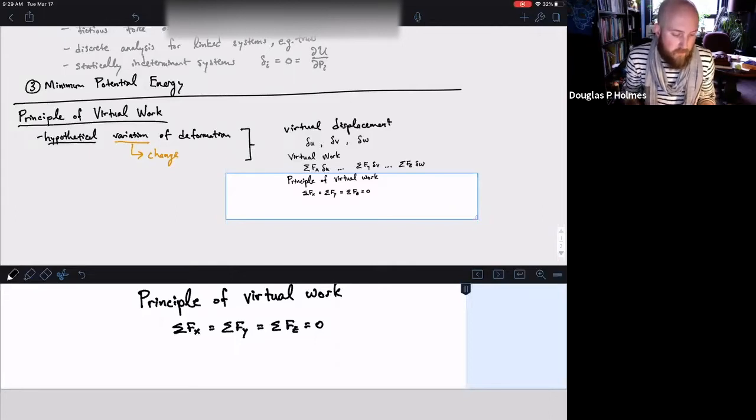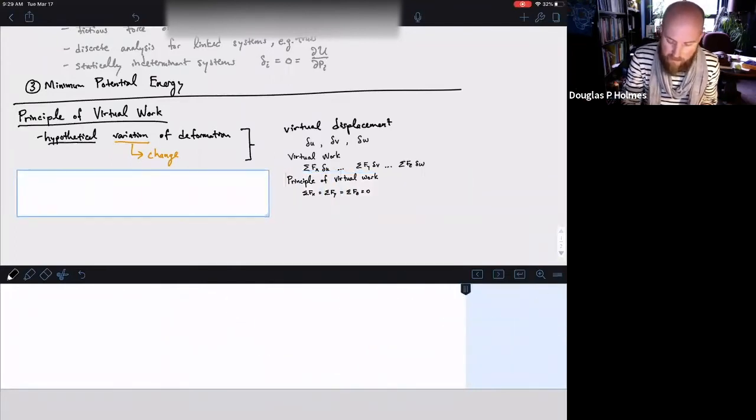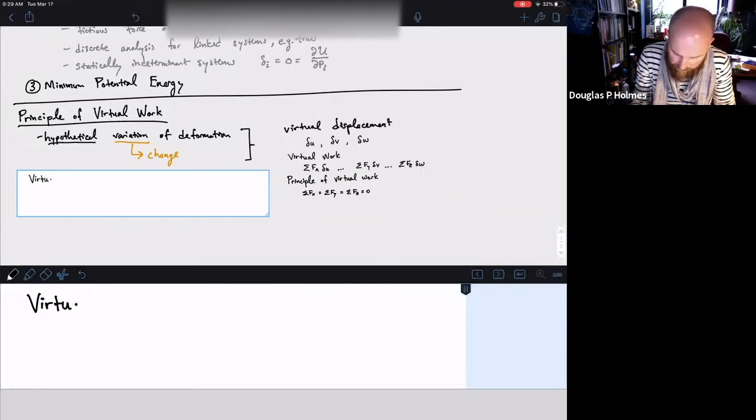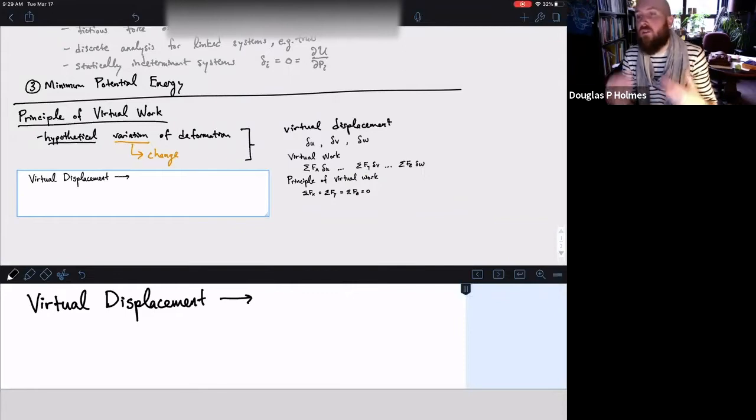So this should hopefully be a review, but we can start to extend this to things that are maybe more familiar to us, because we can now think of going from a virtual displacement to an increment or a change in the strain field.